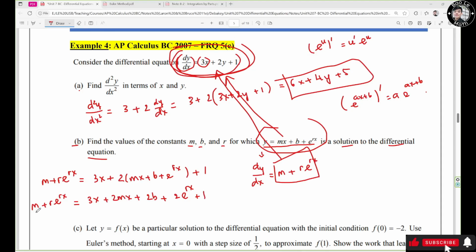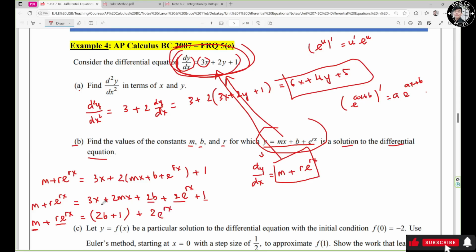Now I need to group this. Look at this one right here, m is a constant, so the constants on the right are 2b plus 1. Next, r times e to the rs, so it will be 2 times e raised to the rs.